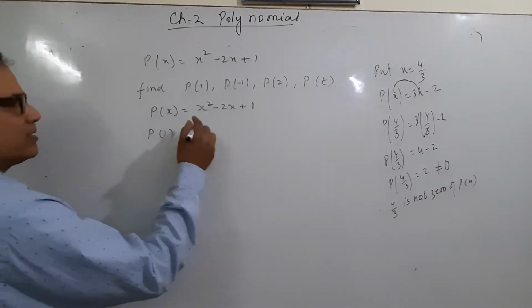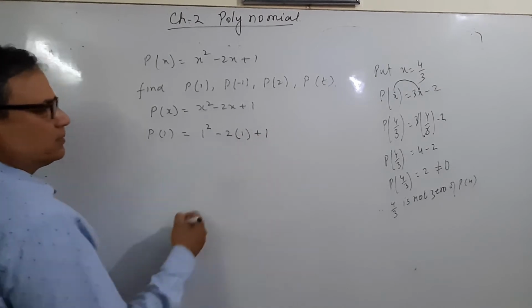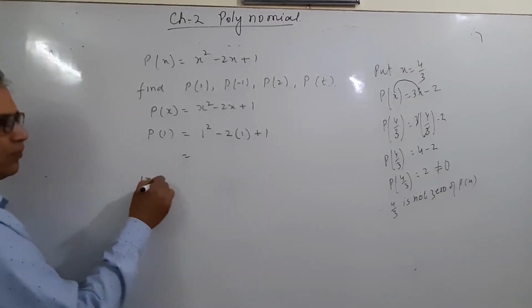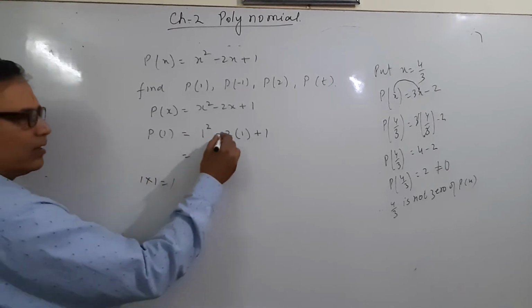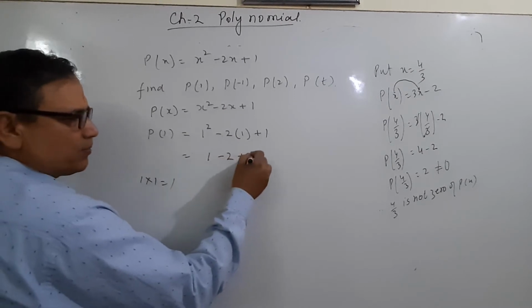Then 1 square minus 2 into 1 plus 1. 1 square means 1 into 1 equal to 1. 1 minus 2 into 1 is 2, plus 1.